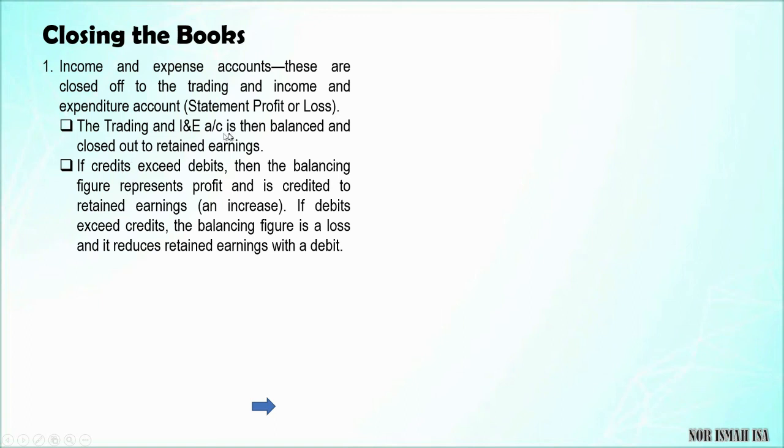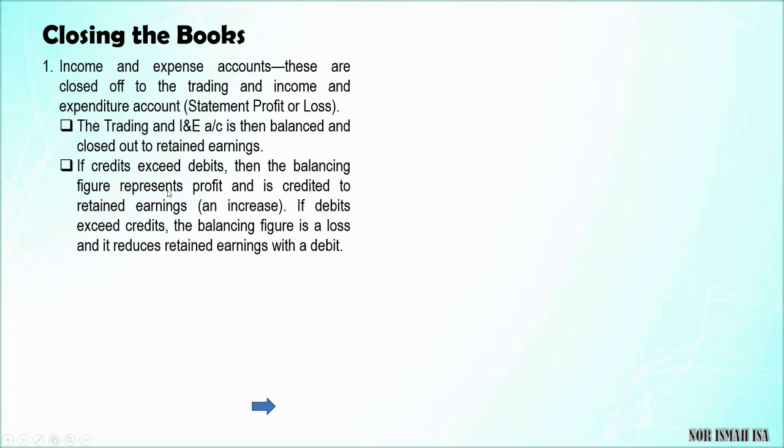Okay. For the trading, you already know that for statement of profit or loss, we have two parts. One is trading, one is the income and expenses. So for the trading, you can get the gross profit, and if the credit exceeds the debit, then the balancing figure represents profit and is credited to retained earnings. Retained earnings is for the company that you will learn next semester.